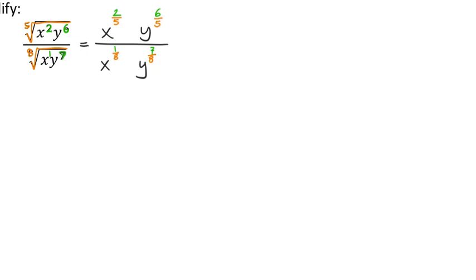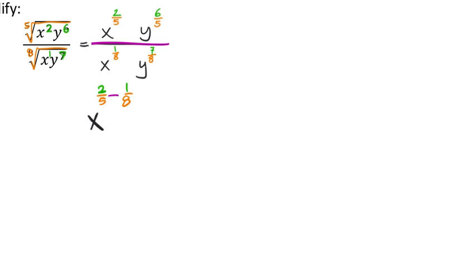All right. So just with my x's, I'm going to take the two exponents, right? We take the numerator exponent, which is 2/5, and the denominator exponent, which is 1/8. But this time, since we're dividing, we're going to subtract those, all right?